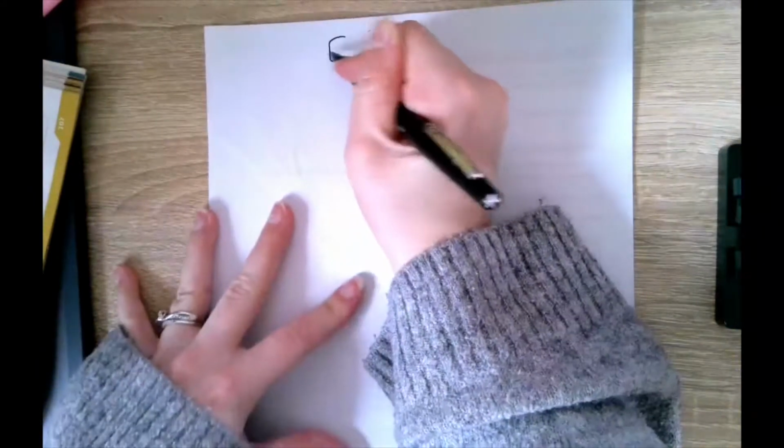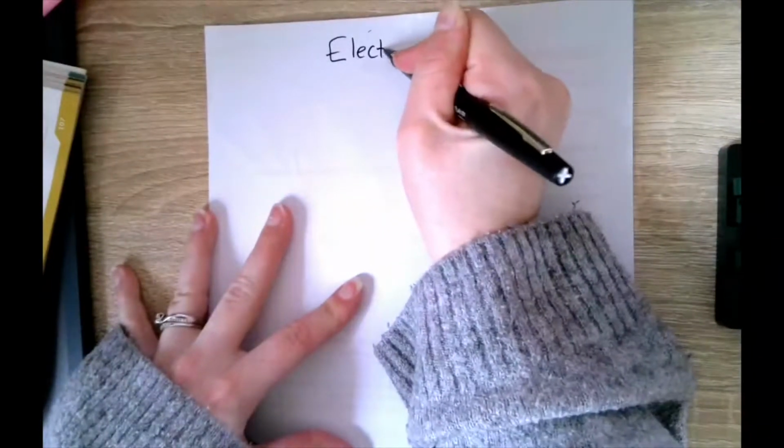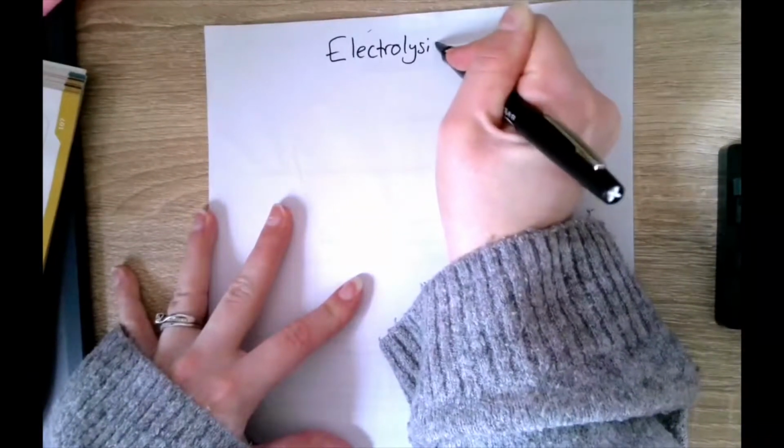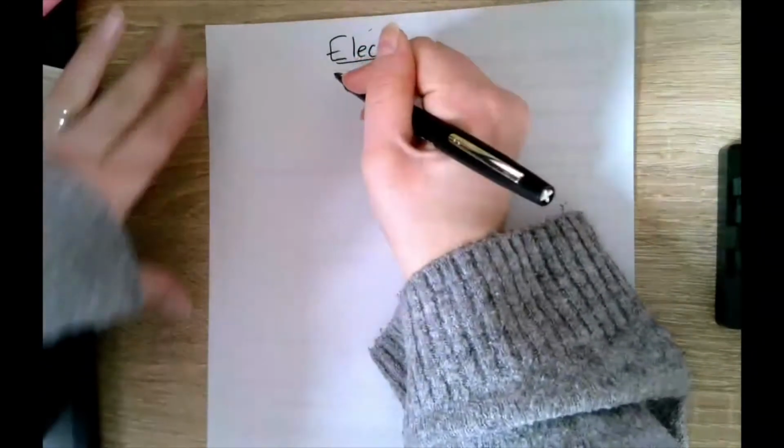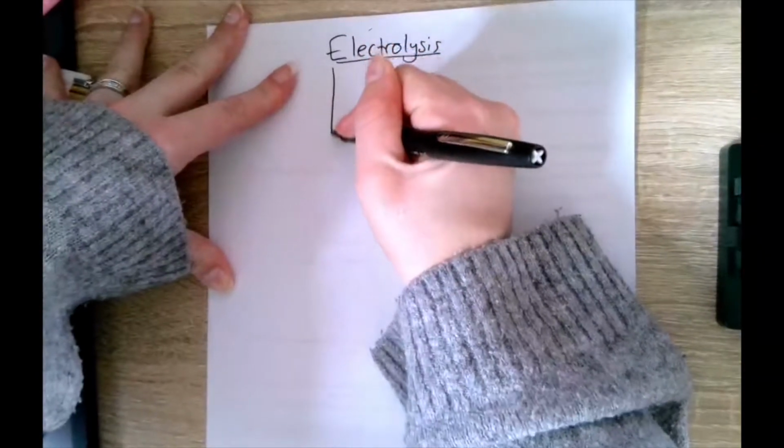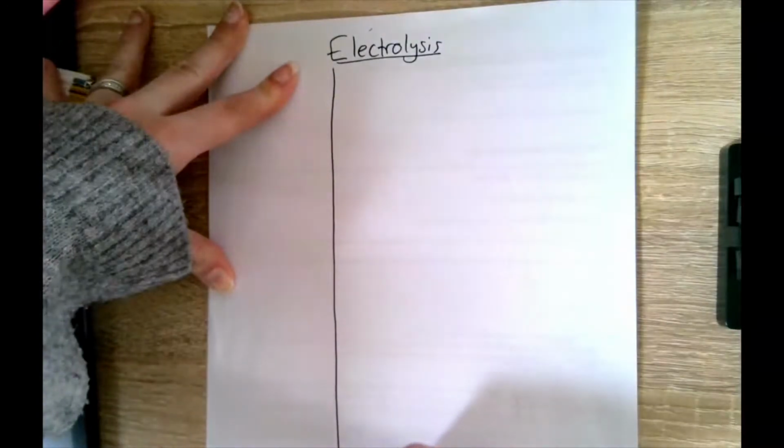Okay, so the first thing we want to do when making Cornell notes is to write our title. So this one I'm going to do on electrolysis. We then want a fairly wide margin that we can use to write definitions of our keywords.